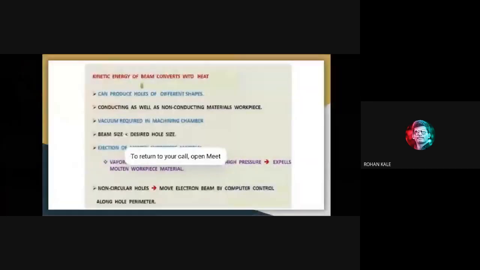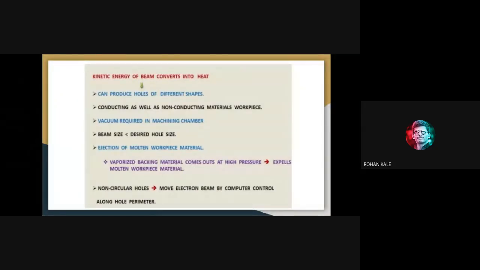So workpiece material can be, as I have mentioned, electrically conductive or non-conductive. Any kind of workpiece can be machined irrespective of its hardness, mechanical and metallurgical properties. That material can be machined by this process.